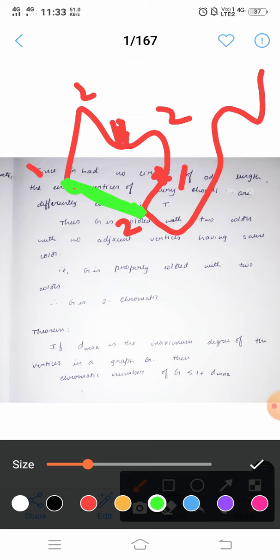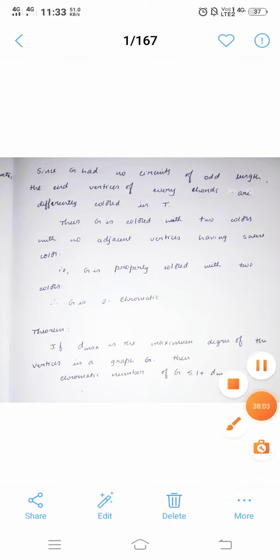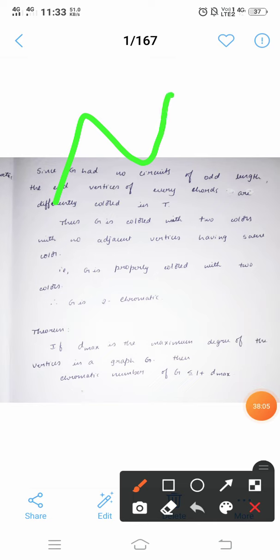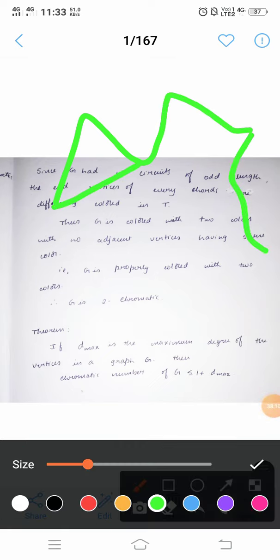length circuit. Suppose it is an odd length circuit, what happens? So this is a spanning tree. Suppose I add this chord, what happens? 1, 2, 1. The adjacent vertices will get the same color.